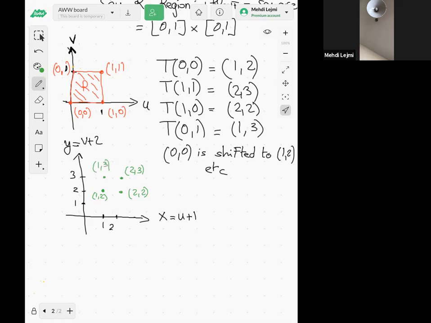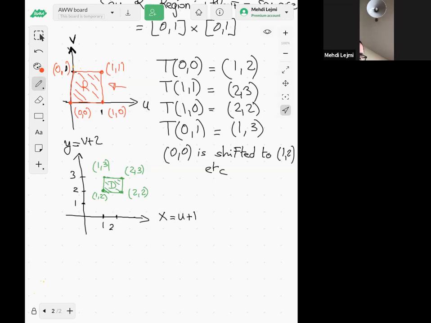Right? But anyway, the idea here, guys, is that this red square, (0, 1) cross (0, 1), is actually shifted to this new square, this green one here.